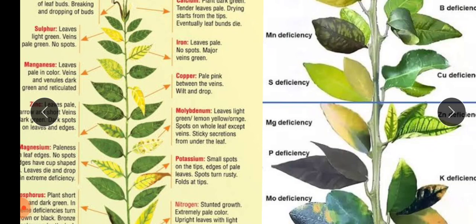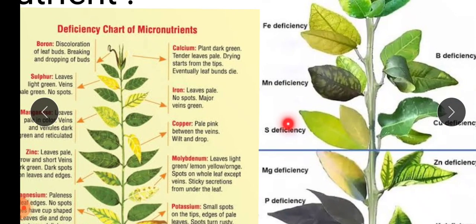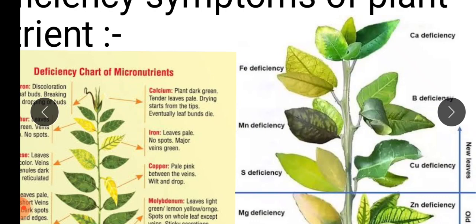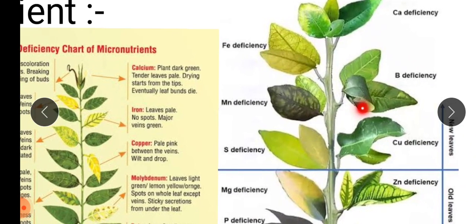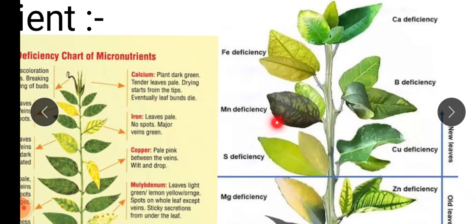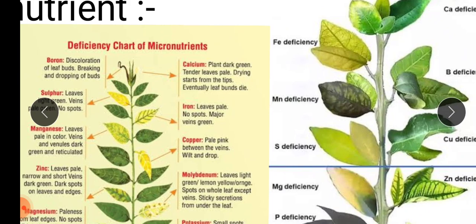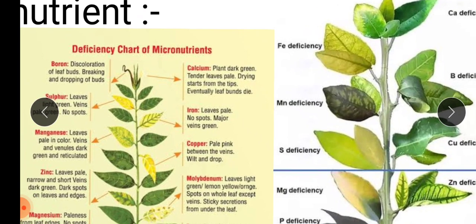After molybdenum, we discuss boron deficiency, observed at the top edge. This boron deficiency is observed here, and also in this pot, in earlier growth. Necrosis or discoloration of leaf buds, and breaking and dropping of buds are symptoms we observe.